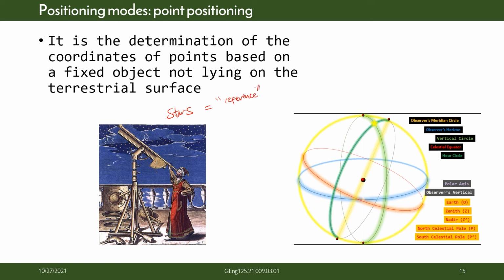So that's why we have the celestial reference system. From this, we utilize the stars or the sun as our reference. We observe them in order for us to define our position.